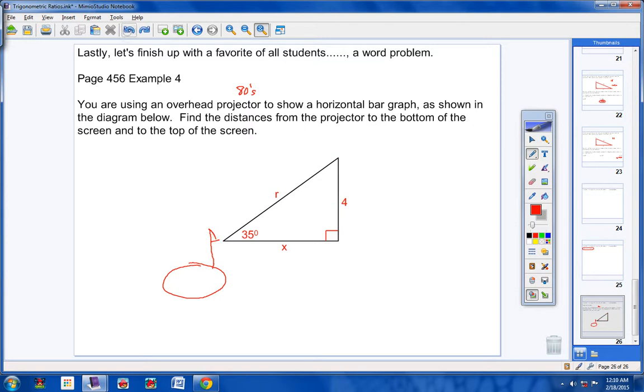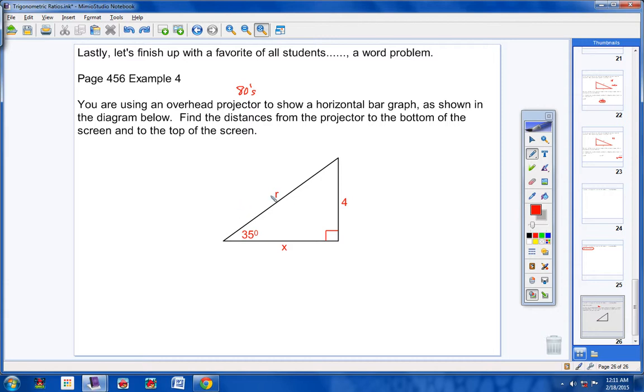Anyways, so if you'll look in your book, you're going to see a drawing much inferior to my drawing, and you're going to see that we're trying to find the distance from the projector to the top of the screen, that red line there, and we're going to try to find the distance from the projector to the bottom of the screen, so this line right here. Now this is not going to be easy to do, so please listen carefully and let me help you, okay?